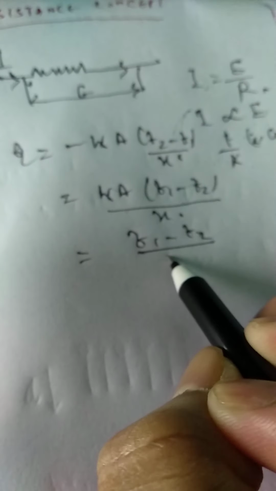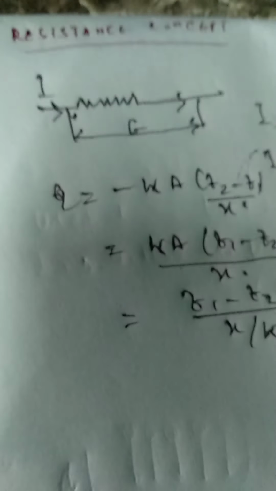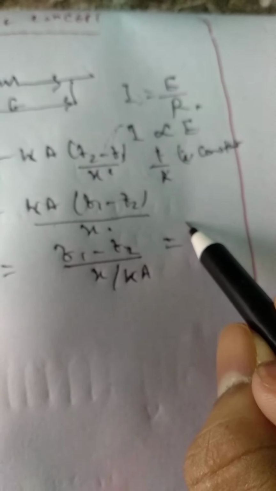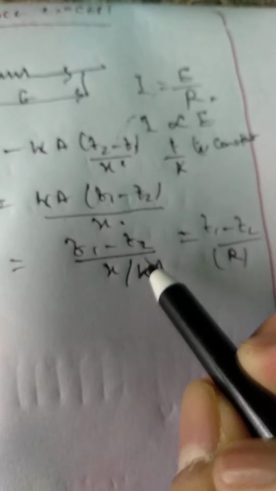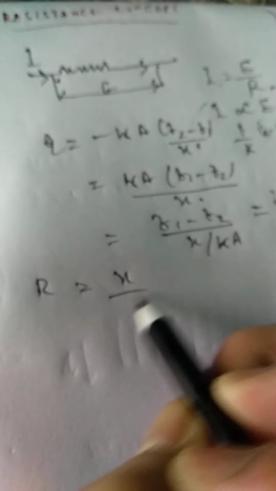T1 minus T2 by x by k. So this x by k quantity is similar to resistance in electric current. This x by k is a constant. This R can be similar to x by k.